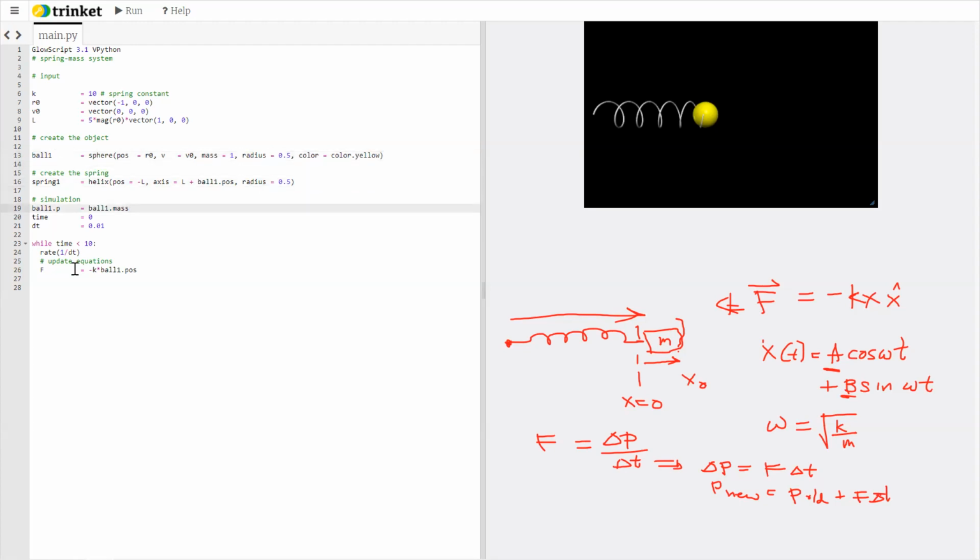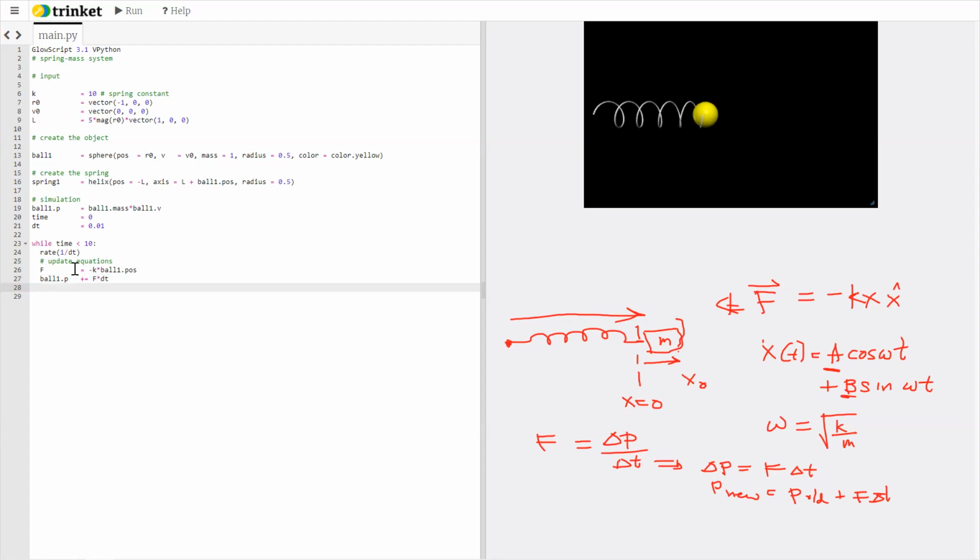The update equation for the momentum is ball 1 dot p plus equals F times delta t.